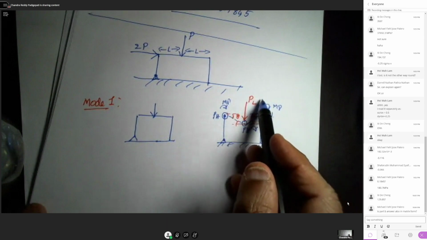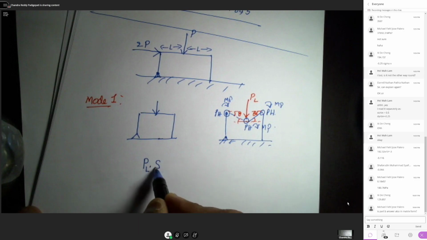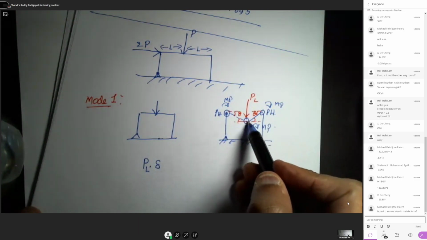The work done by the load you can write as PL into delta, where delta is the vertical displacement here.